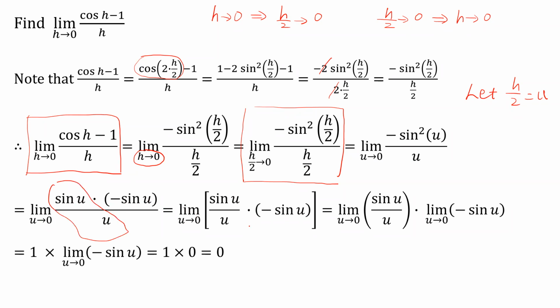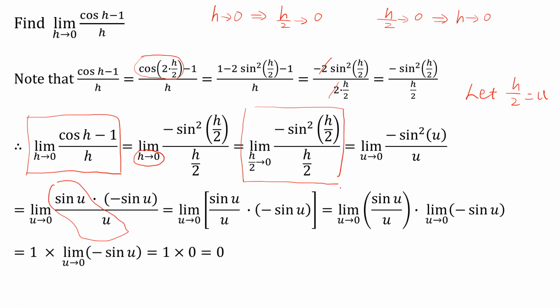Also, according to the limit properties, the limit of the product of two expressions equals the product of the two limits, right? So that can be rewritten as the limit of sine u over u as u approaches 0 times the second limit, which is the limit of negative sine u as u approaches 0, right?